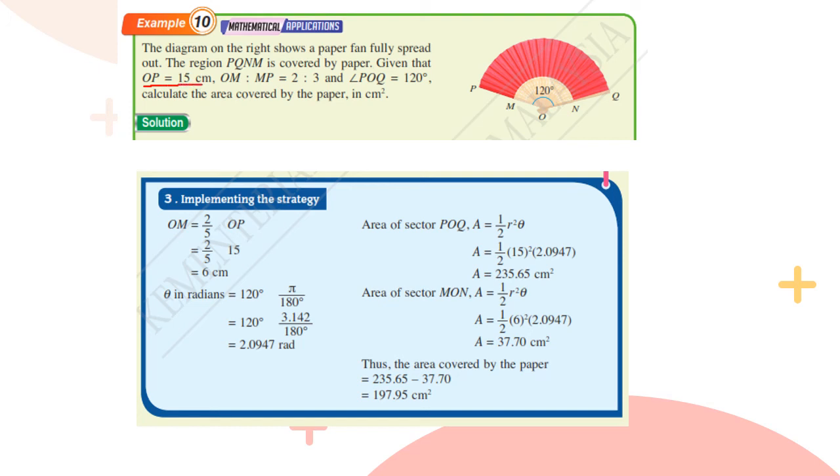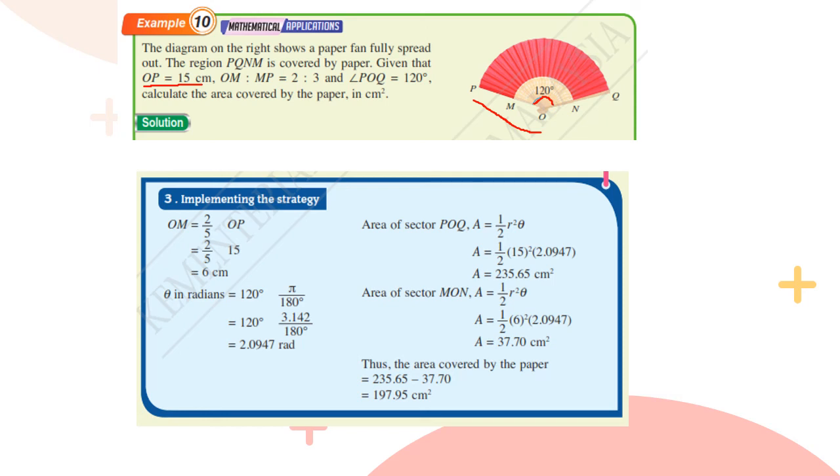If we look at this diagram, OP is the radius of the paper fan. The ratio of OM to MP equals 2 to 3, and the angle of POQ here is 120 degree. Calculate the area covered by the paper in centimeter square.